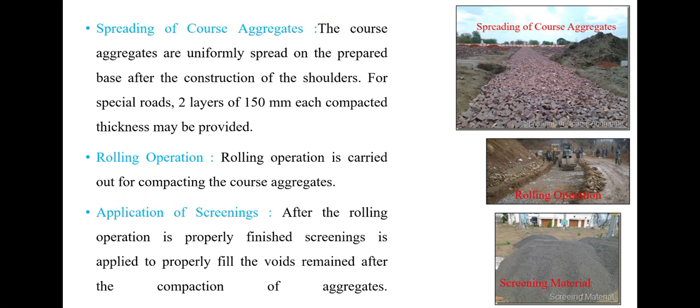For ordinary roads, a single layer of compacted thickness 75 mm may be sufficient. For important roads, two layers of equivalent 150 mm compacted thickness may be provided. If aggregates of graded number 1 are used, then it is compacted to the thickness of 100 mm. This is suggested by IRC.